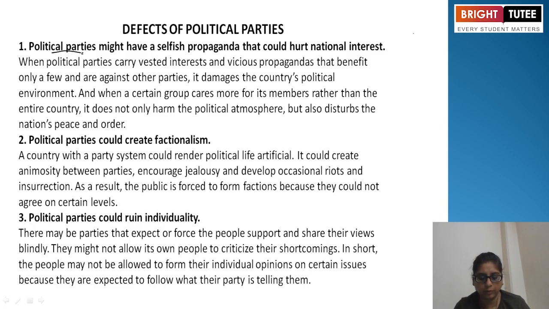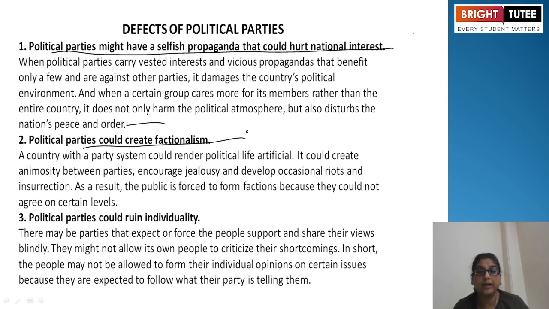Like if we talk about political parties, they might have selfish propaganda that could hurt national interest. That means when political parties have vested interest and vicious propaganda that benefits only a few and is against other parties, it damages the country's political environment. And when a certain group cares for its members rather than the entire country, it does not only harm the political atmosphere but also disturbs the nation's peace and order.